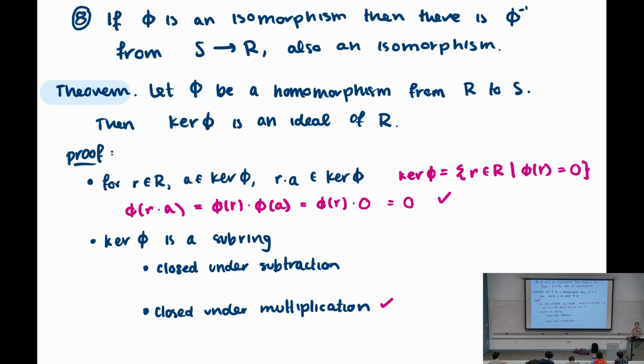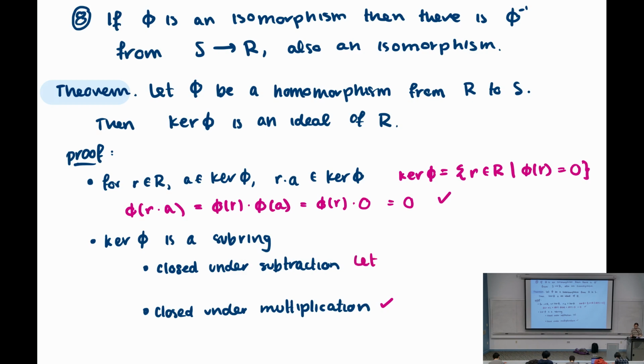To show that it's closed under multiplication, I would do the same thing except instead of taking R in R, I would take R to be an element of the kernel of phi, right? So what I just proved up here is already a more general statement of the kernel being closed under multiplication. Does that make sense? Do you all agree? Okay, so we don't need to prove this part. So let's prove that it's closed under subtraction to finish this.